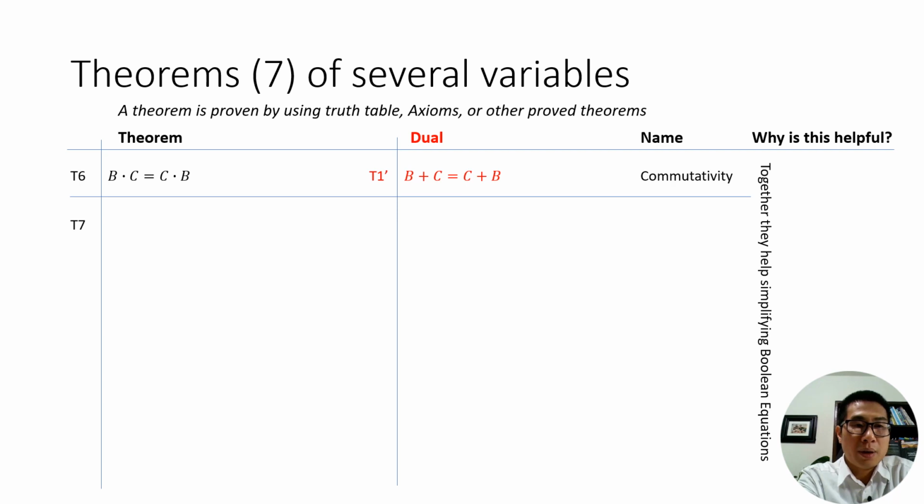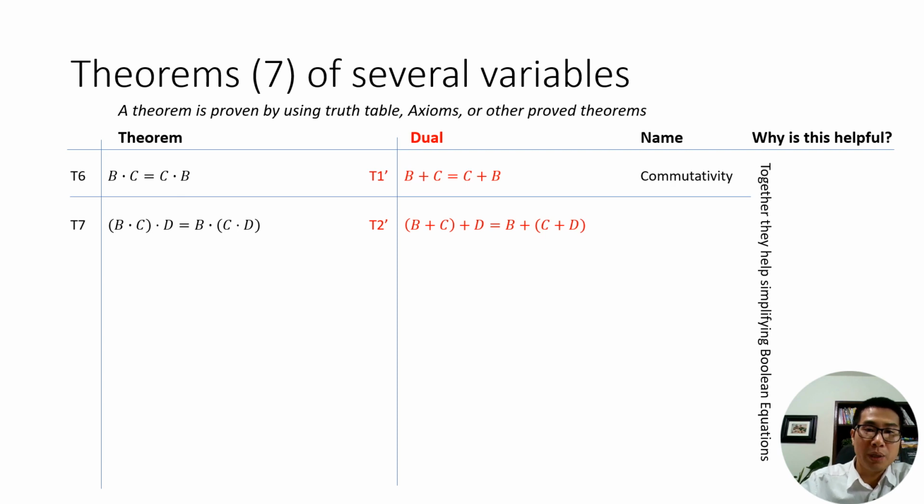And theorem T7 is B and C first, then you AND with D, is the same as C and D first, then you AND it with B. Similarly, B or C first, then OR with D, is the same as C or D first, then you OR it with B. This one is called associativity.